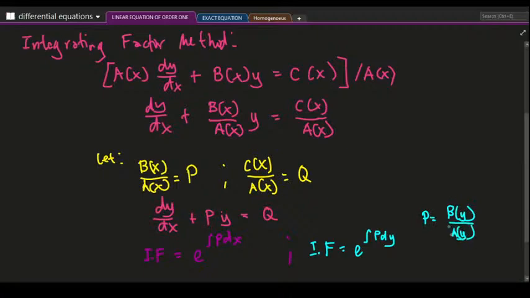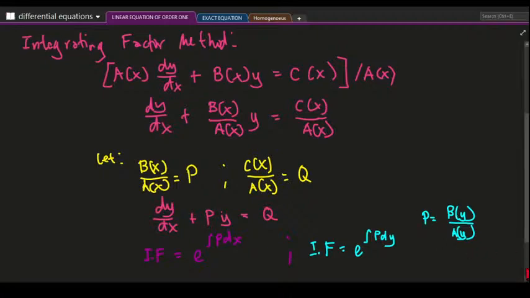These functions now are in terms of y because y is the independent variable, but the method of solving this is just the same. We are just interchanging the variables, making y the independent variable and x the dependent variable.